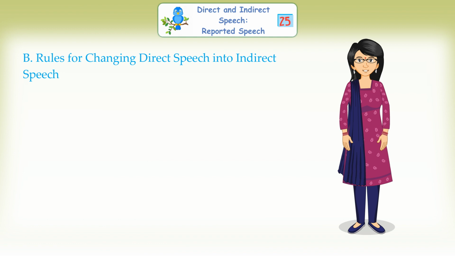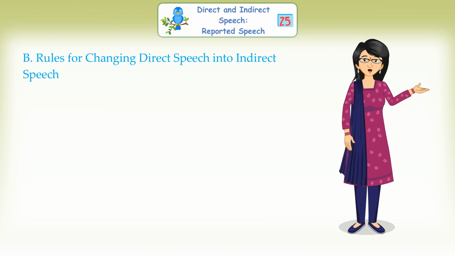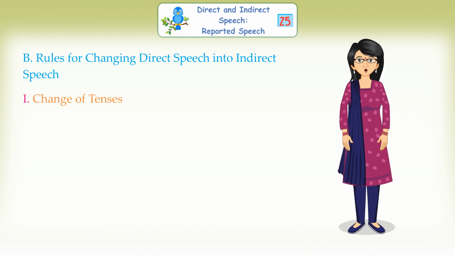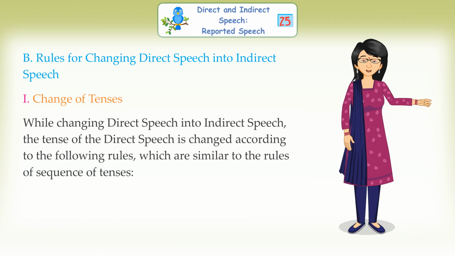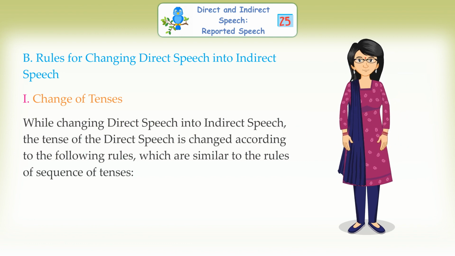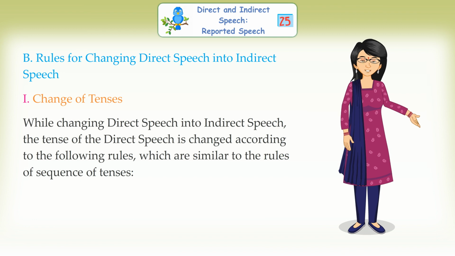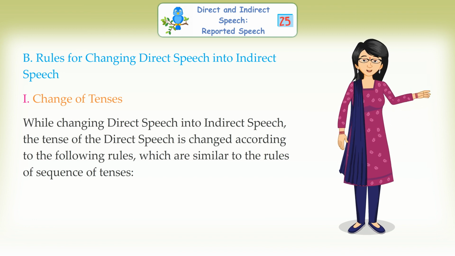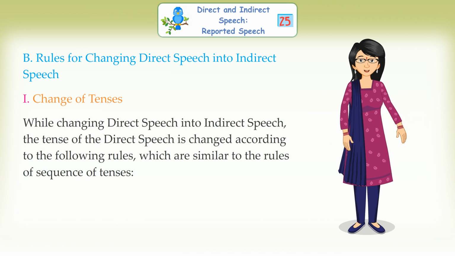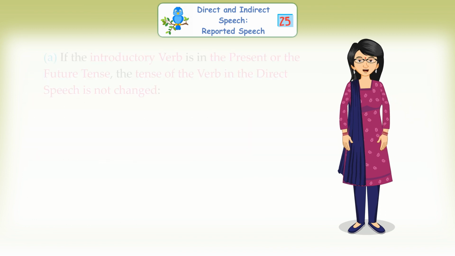Rules for changing direct speech into indirect speech. Change of tenses. While changing direct speech into indirect speech, the tense of the direct speech is changed according to the following rules, which are similar to the rules of sequence of tenses.